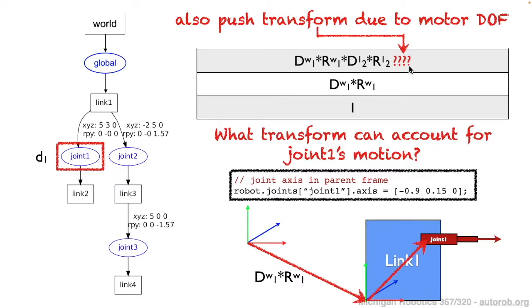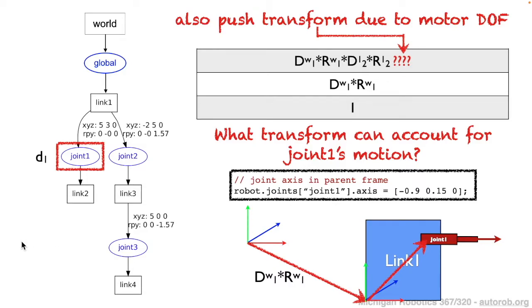So within the URDF stencil, a portion of the information that we're going to need in order to properly account for joint 1's motion is the axis of articulation. In this case, the axis of translation that's going to be exerted by joint 1. That's going to be defined in the axis property for this joint.